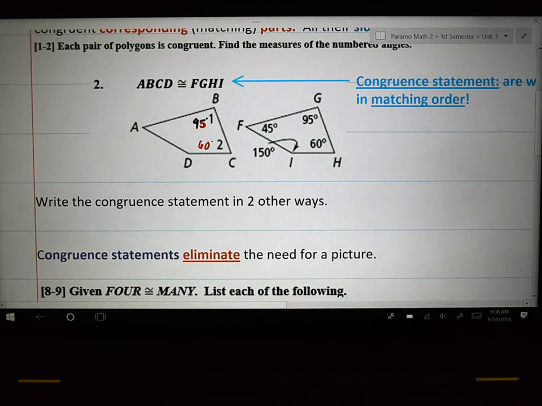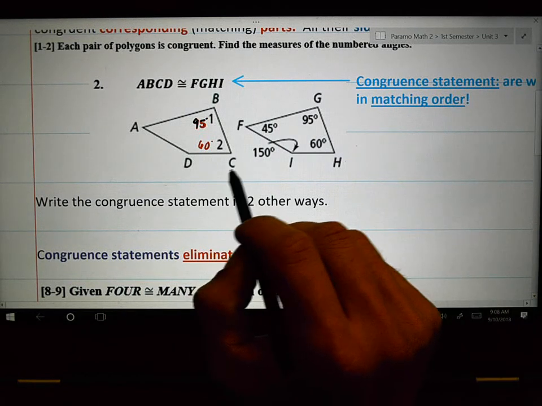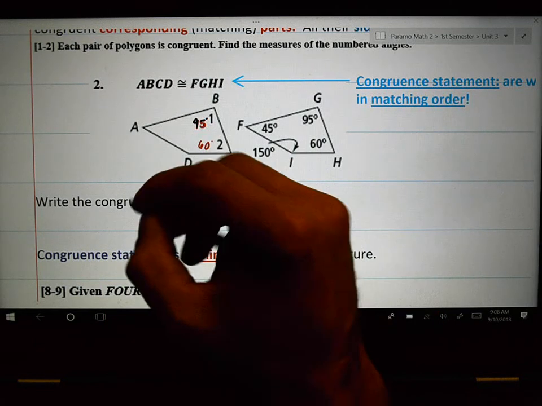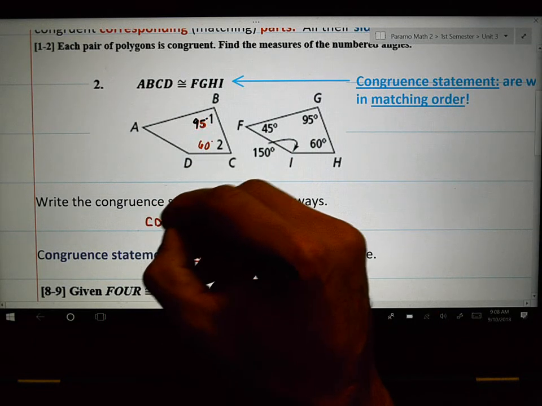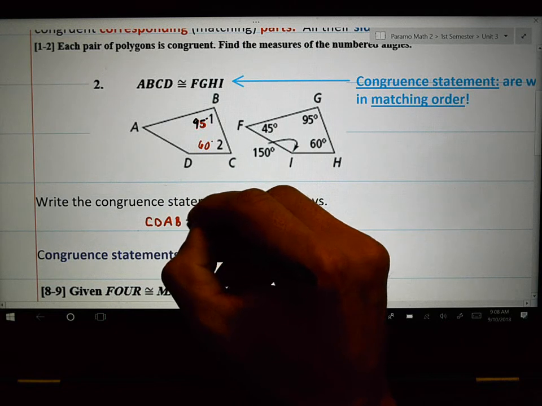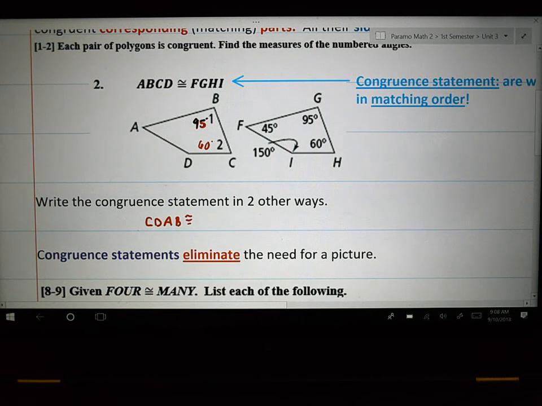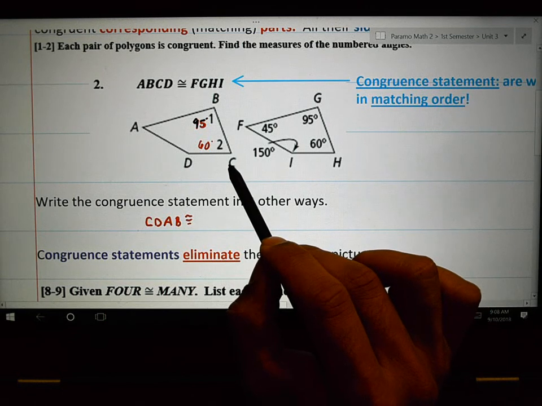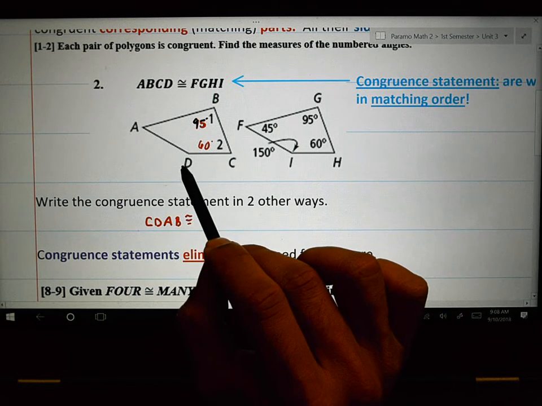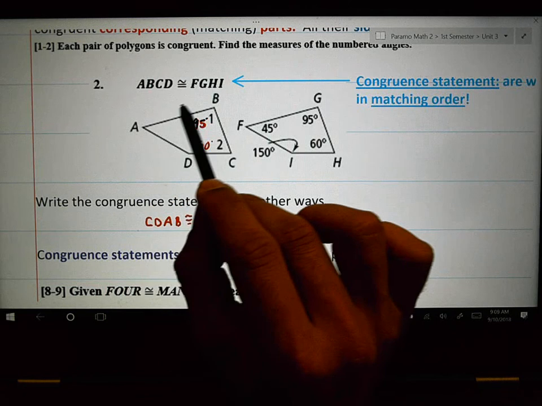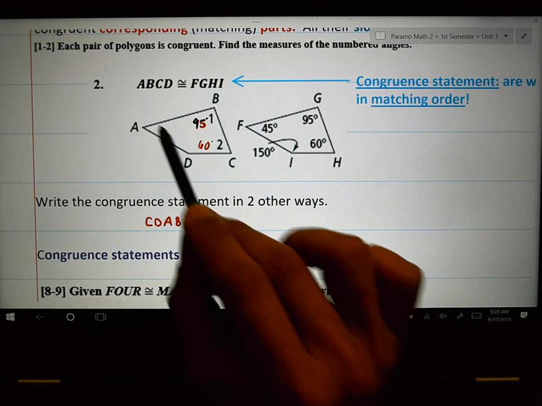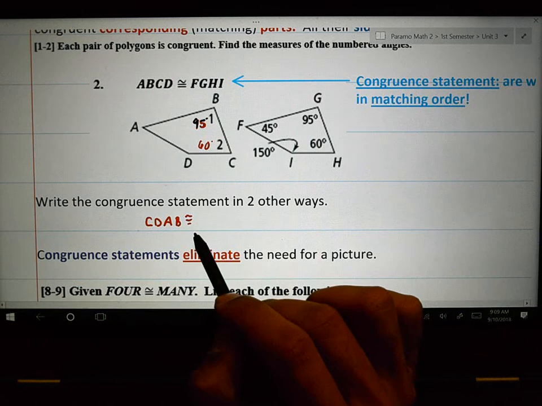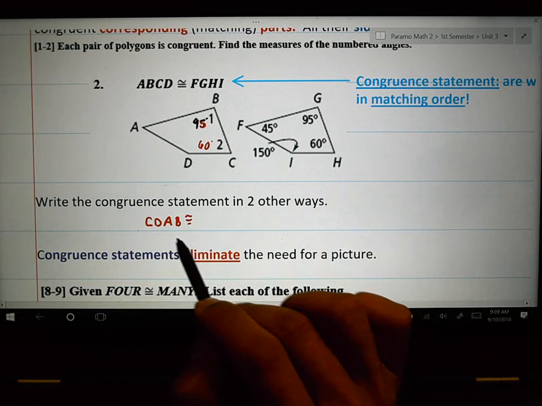So if you were to start by saying CDAB, let's just write that, polygon CDAB is congruent to. If I choose to start with the letter C over here, and then I go to the letter D, then the letter A, then the letter B, then its congruent statement has to match. Otherwise, it is not correct.